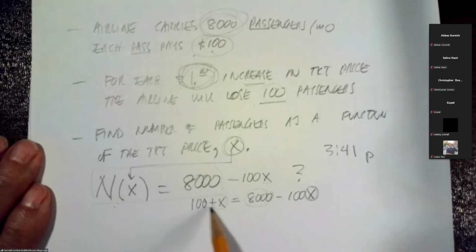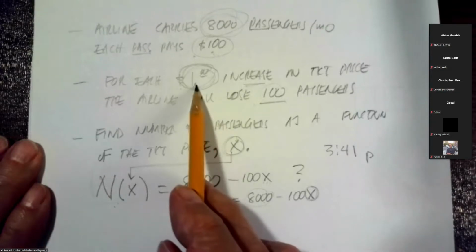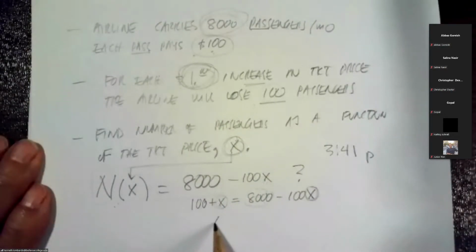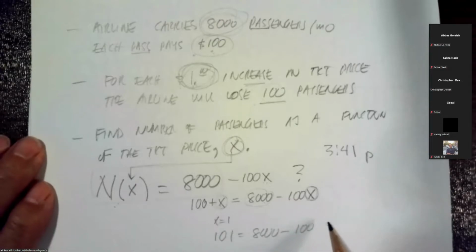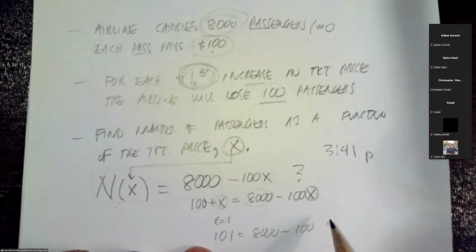If this goes up by x and x is $1, so if x equals 1, 101 equals 8,000 minus 100. Correct. And that should give you the value. You know that the ticket price is $101, but that should tell you how many total passengers you flew at that ticket price.